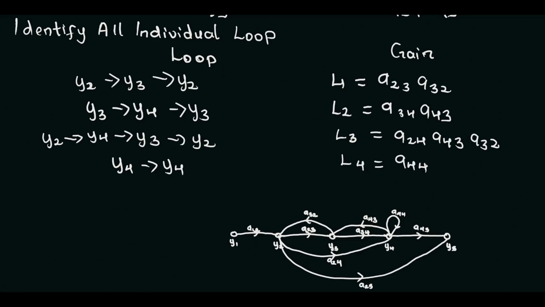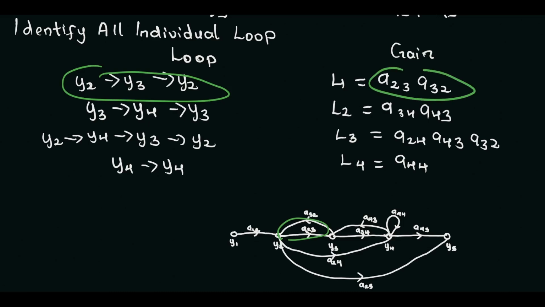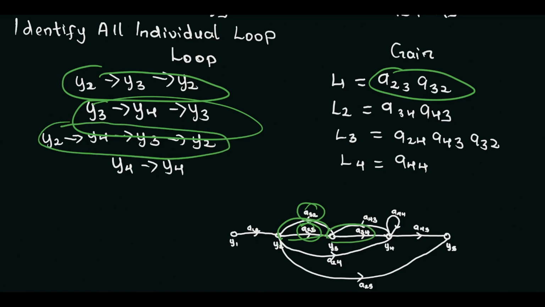I hope you understand this. Y2, Y3, Y2 is this loop right here. Same thing for Y3, Y4, Y3. And this one is Y2, Y4, Y3, Y2.